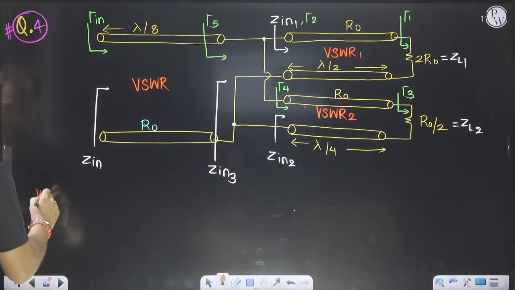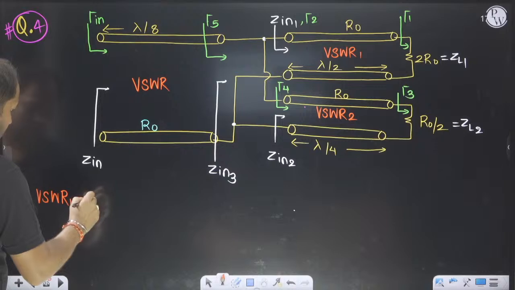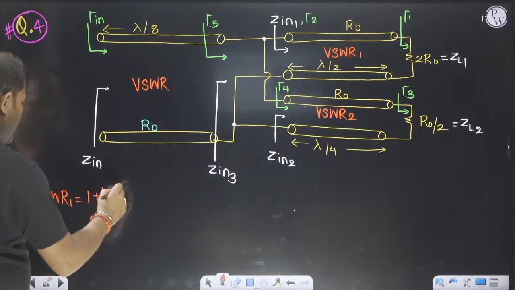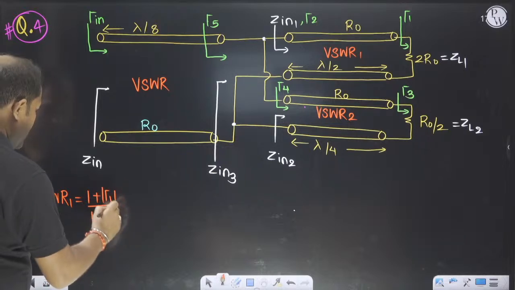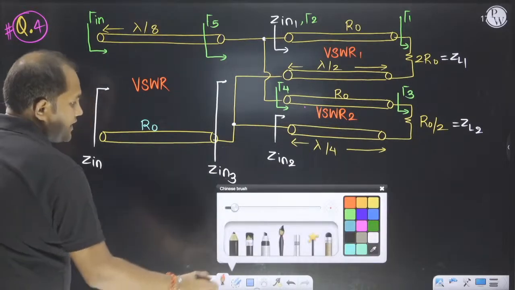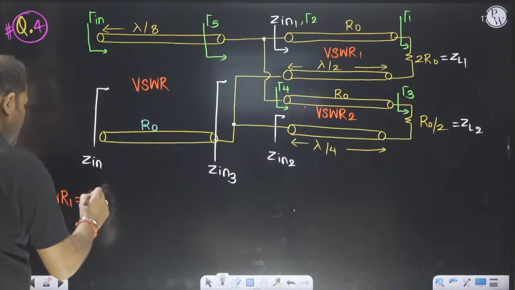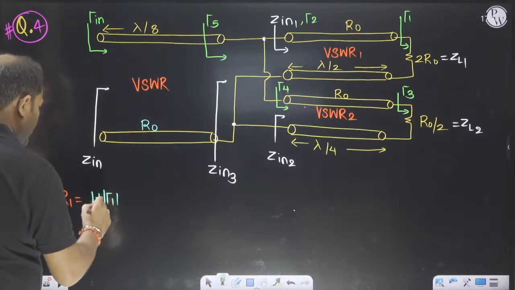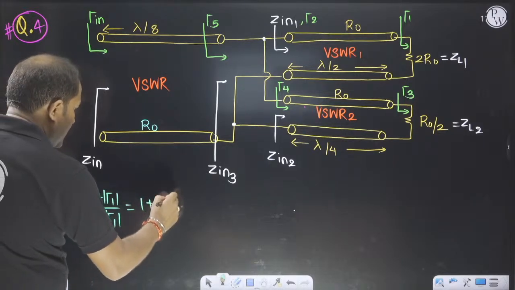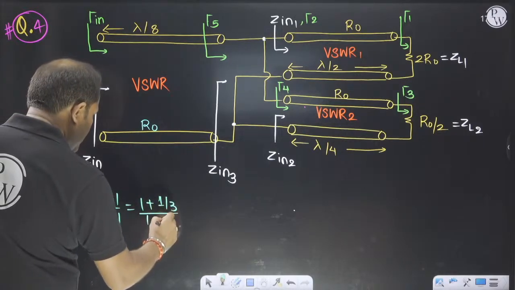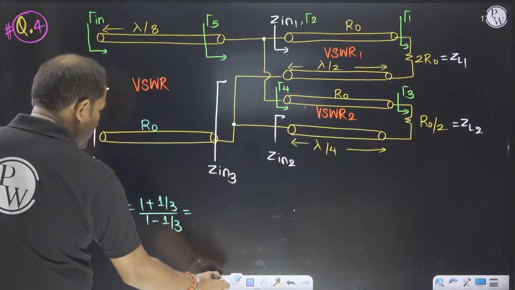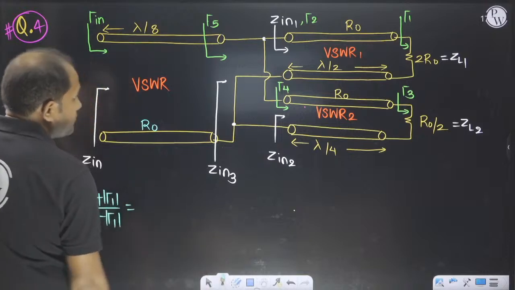VSWR1 is equal to (1 plus mod gamma 1) divided by (1 minus mod gamma 1). The magnitudes of gamma 1 and gamma 2 will be the same, so we can write it in terms of gamma 1 or gamma 2. So (1 plus 1/3) divided by (1 minus 1/3). It will be 2.